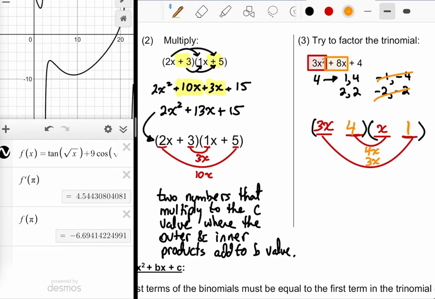Previously, I had a sum depending on same numbers, 4 and 1 versus 1 and 4, same numbers but different order. My outer and inner products are now different, which give me a different sum. In this case, 7x instead of the 13x. And it's still nowhere near what I need it to be. Well, actually, that's not true. It's very near, just not near enough. It needs to be precisely whatever that b term is. So we've eliminated 4 and 1 or 1 and 4 as possible pairings.